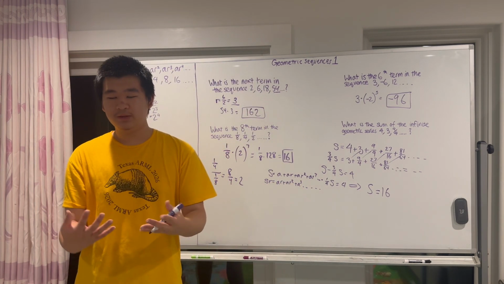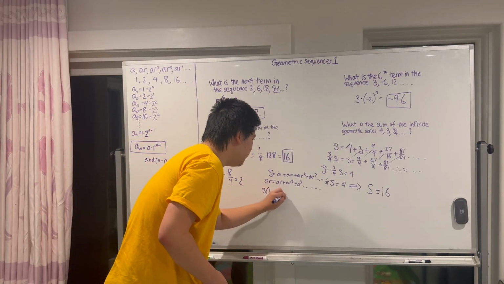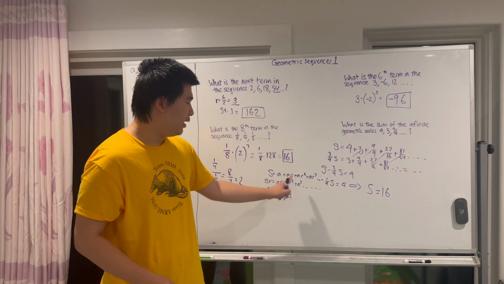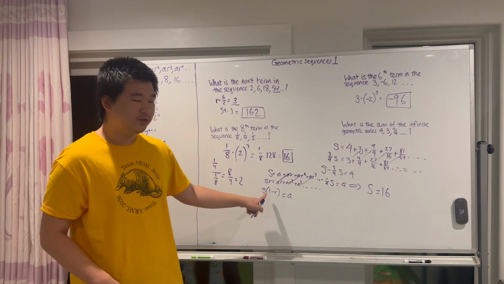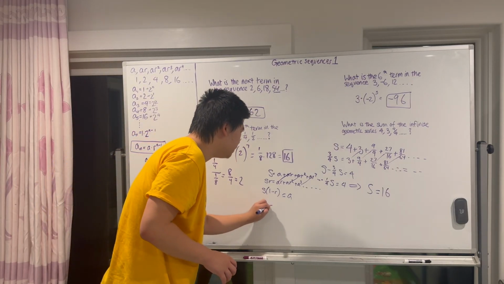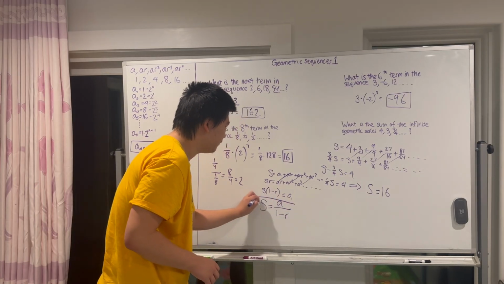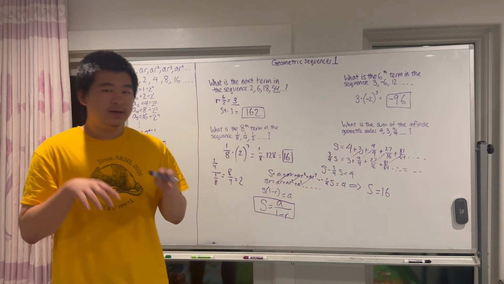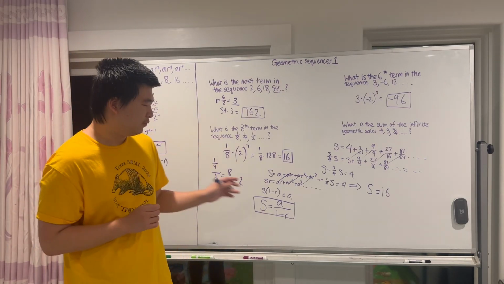And then when we subtract both sides, what we get is S times 1 minus r equals a, because all of this cancels out. And so we can just divide both sides by 1 minus r to get S equals a over 1 minus r, which is beautiful. This is our formula for the sum of an infinite geometric sequence, a over 1 minus r.